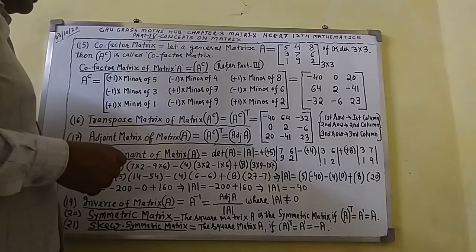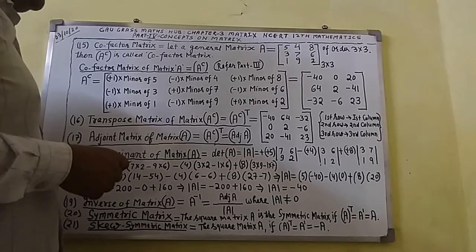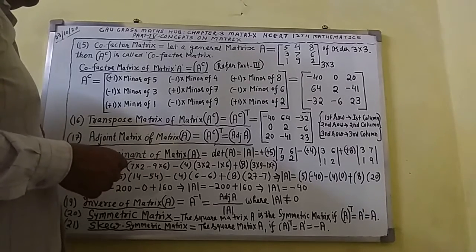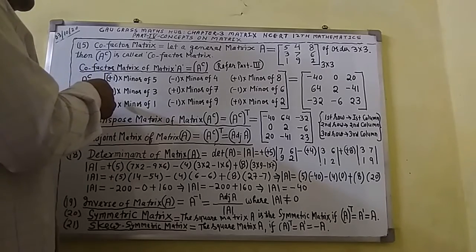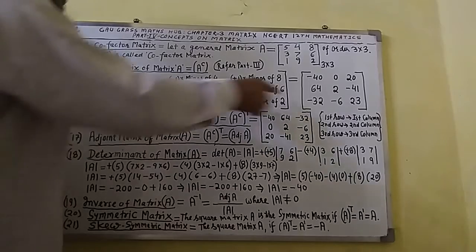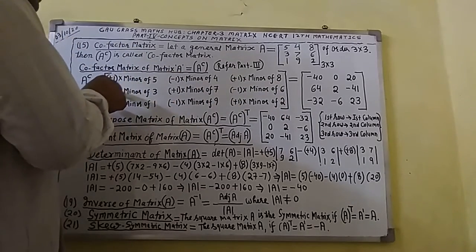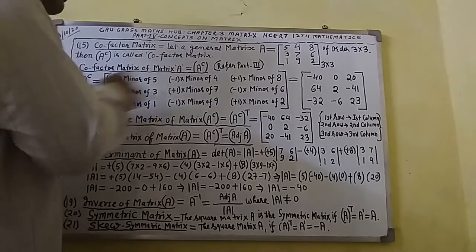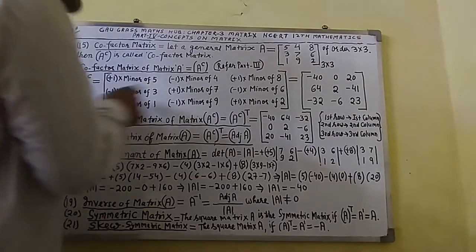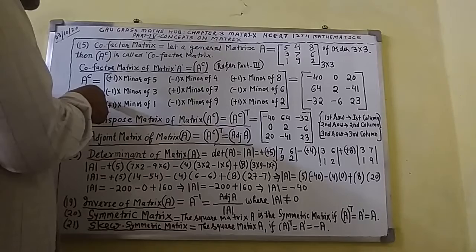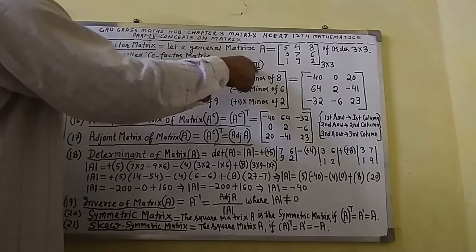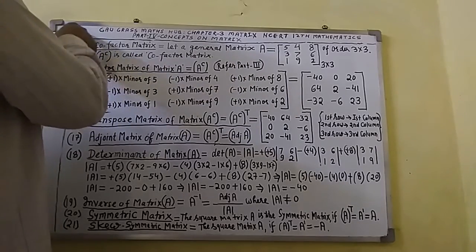Therein, I have completely explained how to get the cofactor matrix from the minor matrix. These two concepts have already been explained in my video part 3rd dated 2nd October 2020.